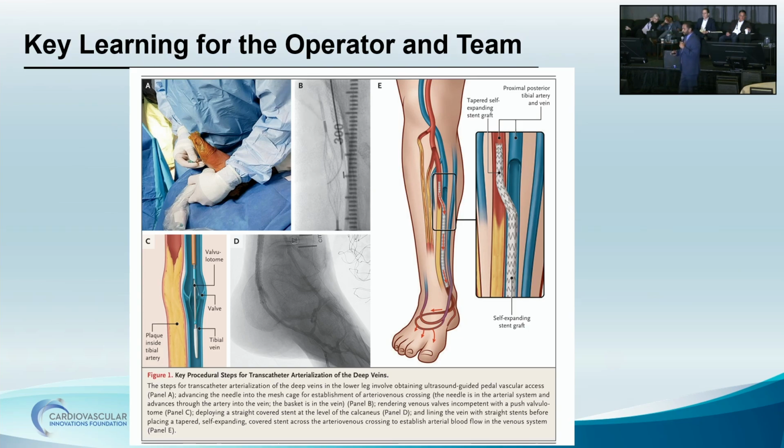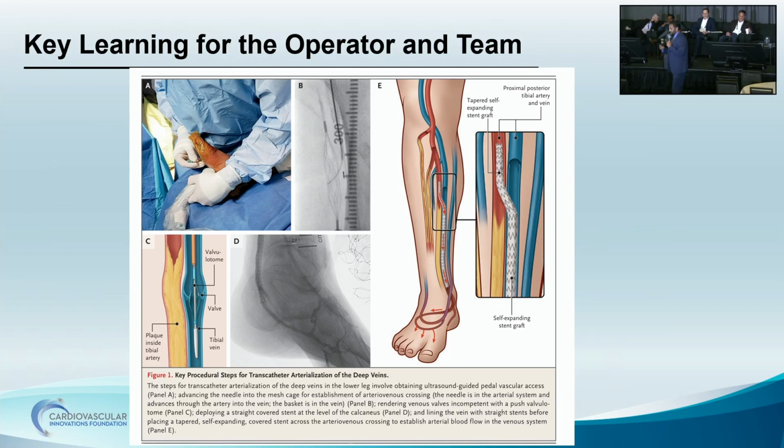The steps include initially getting access to the pedal veins and putting in a 4 French, then a venous catheter. I'm describing mainly the LimFlow system. Then the venous catheter is advanced, and there is a mesh in the venous catheter, usually in the proximal tibial vessels, marking the area for AV fistula creation.